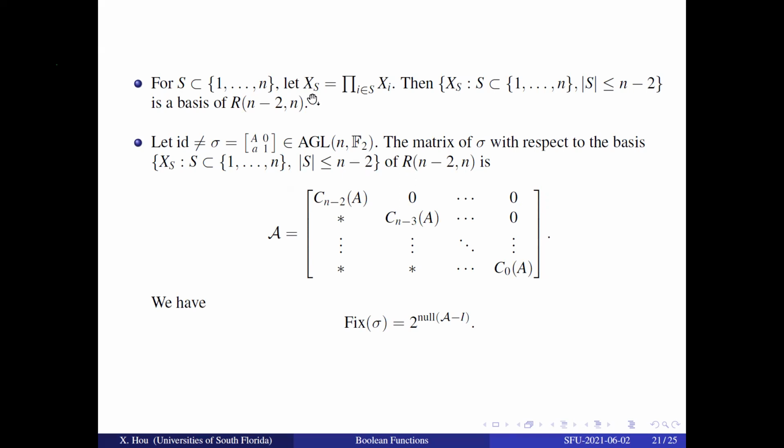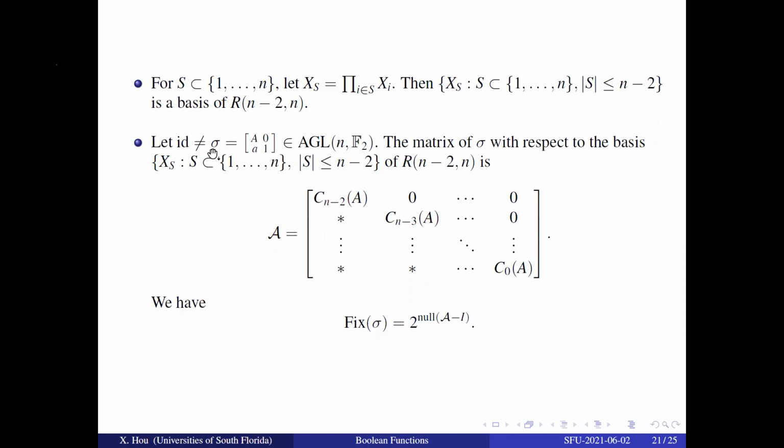We use capital X sub S to denote the product of x_i, where i is from S. And in this way, we look at X sub S, where S runs through all subsets of 1 through n of size at most n-2. In this way, we get a basis of the Reed-Muller code of order n-2. So this is the basis.